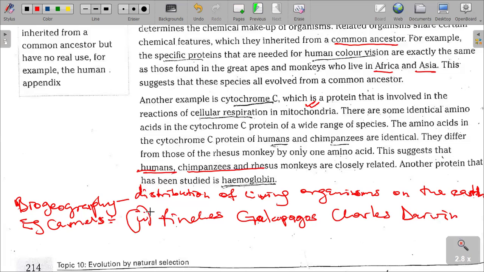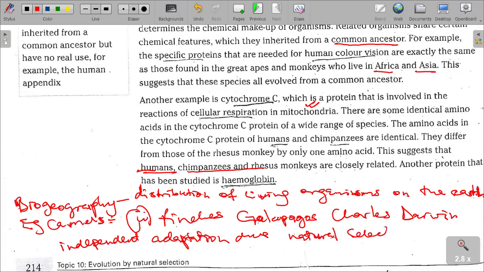They show independent adaptation, which was taking place due to natural selection. Due to natural selection, we have the diversity, the varied finches and the different beaks that we can explain today.